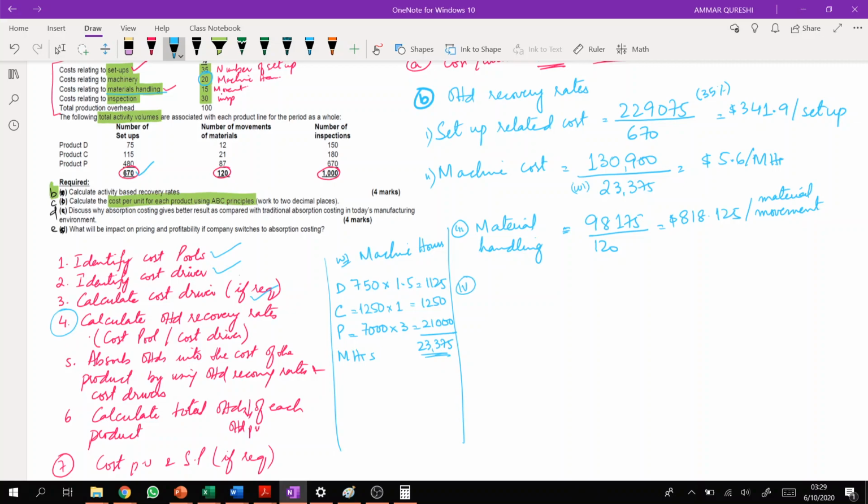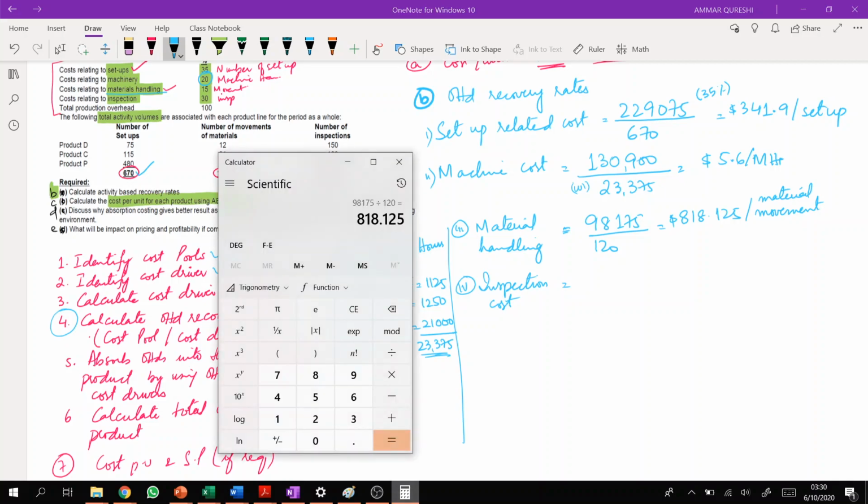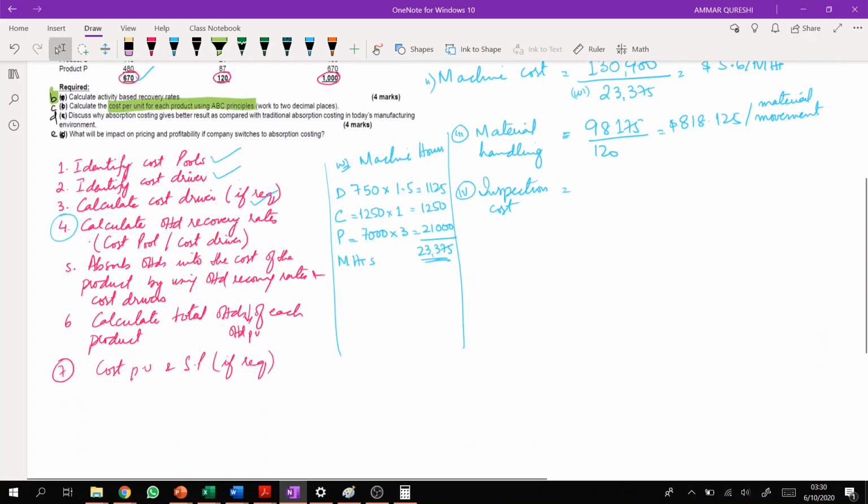What is the last part? Last cost pool is inspection related cost, right? Inspection cost is what percent? It's around 30%, right? So 30% of 654,000, sorry, 654,500 is 196,350.